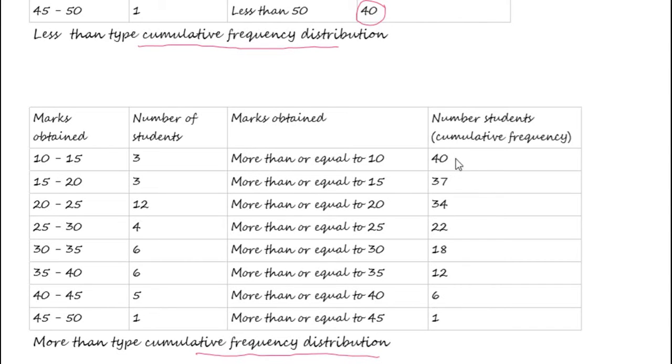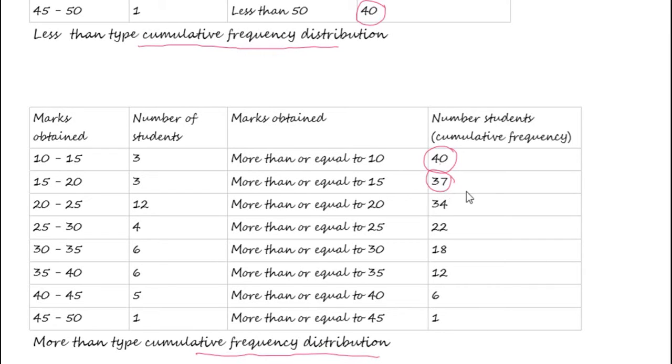The highest number comes first, and since this is the more than or equal to type, the cumulative frequency I have posted here, 40, means there are 40 people who have scored more than 10, or there are 37 people who scored more than 15. You know 3 people scored less than 15, that you have to subtract, and that is the next value you get.